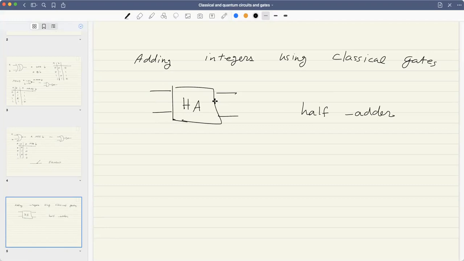There's 2 inputs, 2 outputs. And the way it works is we can construct it from XOR and AND. So let's try to do that. Okay, so suppose I have 2 bits coming in here. I have X and Y coming in.